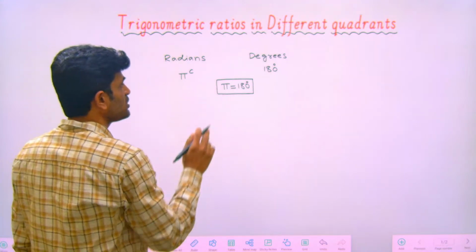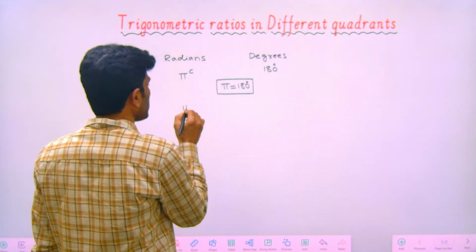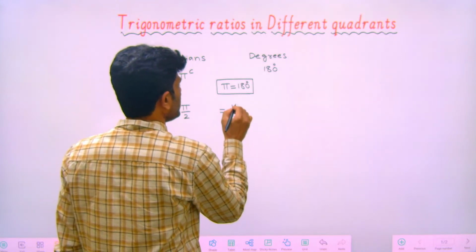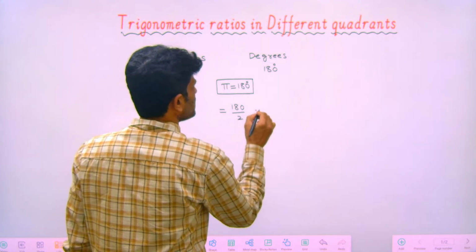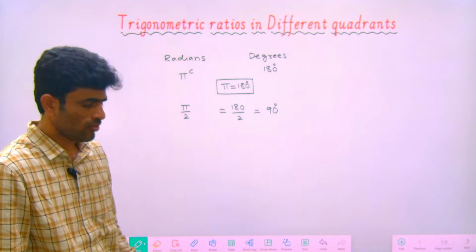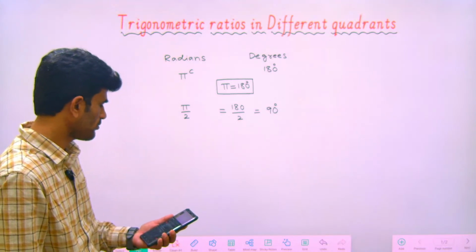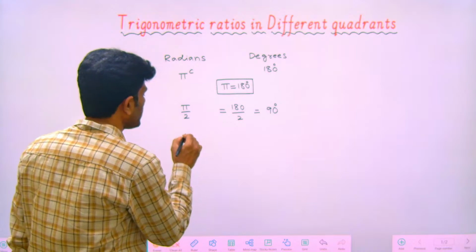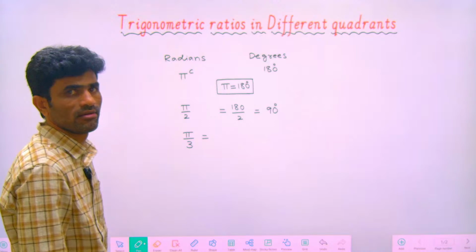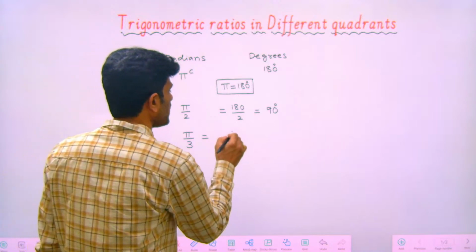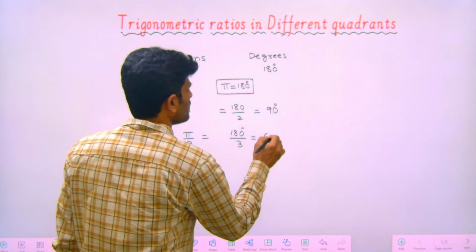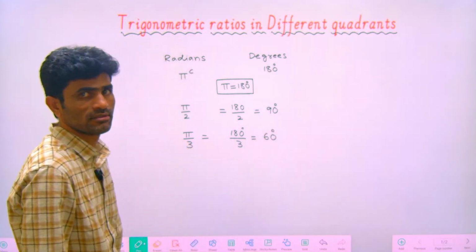So if pi is 180 degrees, what is pi by 2? Pi by 2 means 180 by 2, which is 90 degrees. What is pi by 3? Pi by 3 will be 180 degrees by 3, which is 60 degrees.